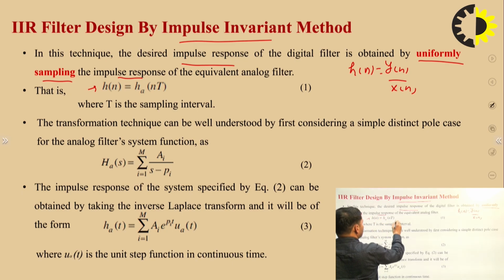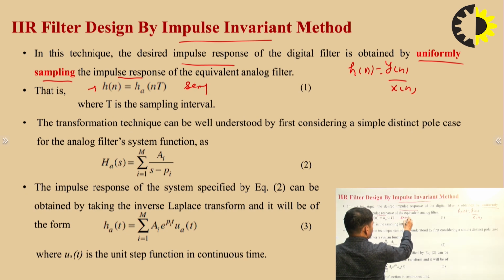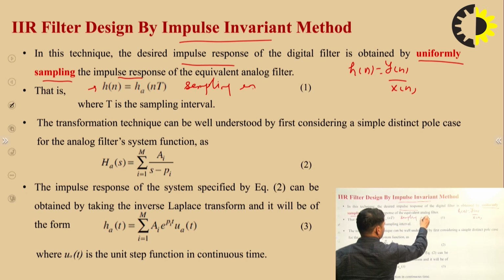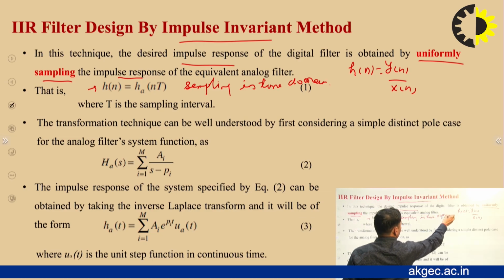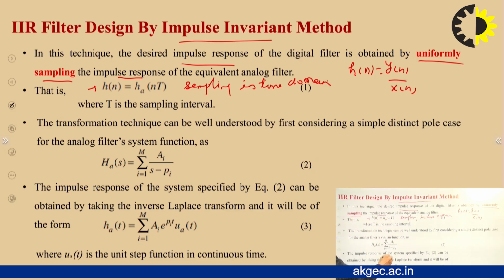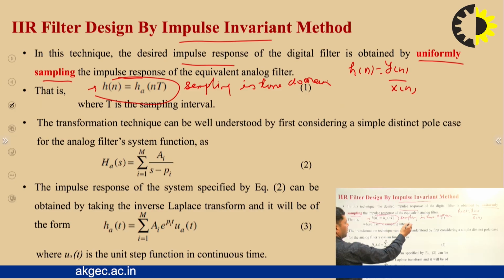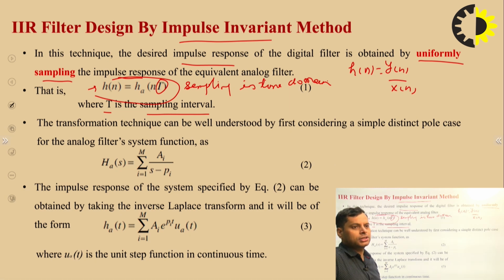We are applying sampling in the time domain, so t will be converted to n T. This gives the equation first, the uniform sampling of the impulse response, where capital T is the sampling interval. On the basis of this value of T, the sampling is performed.